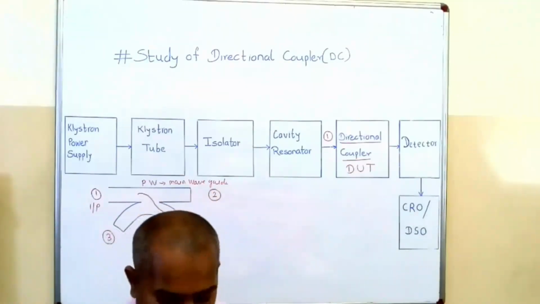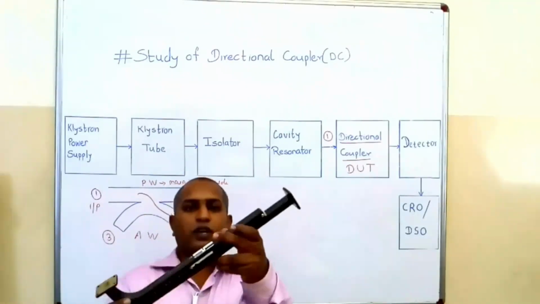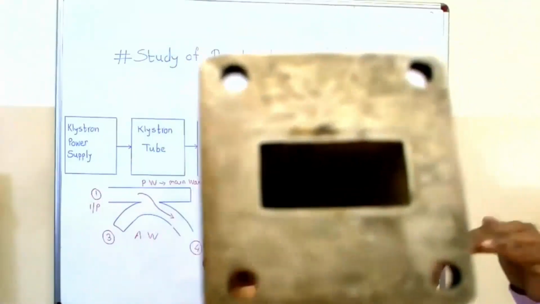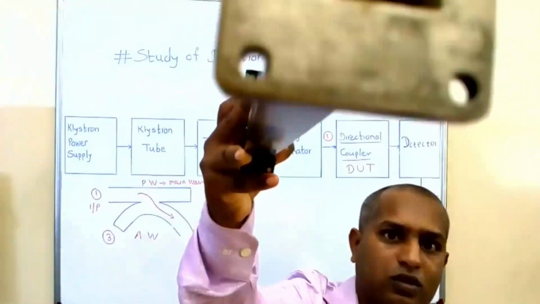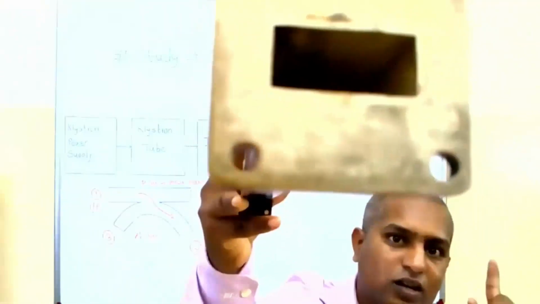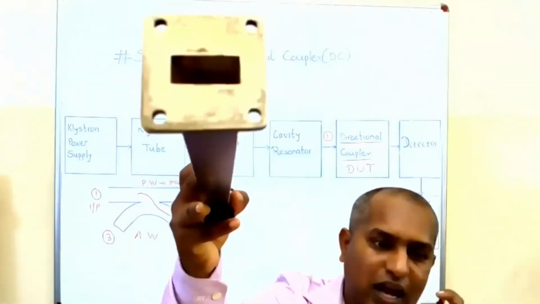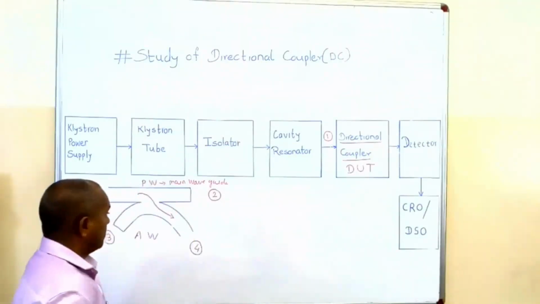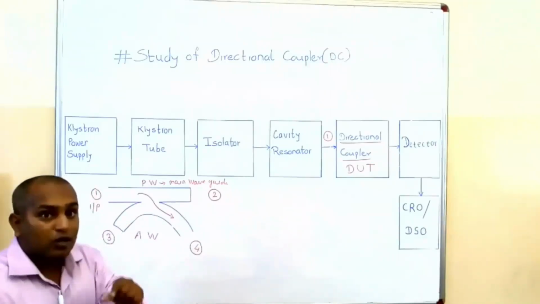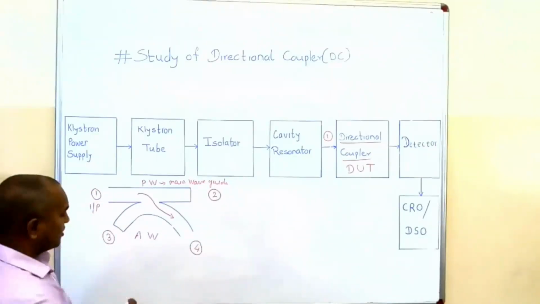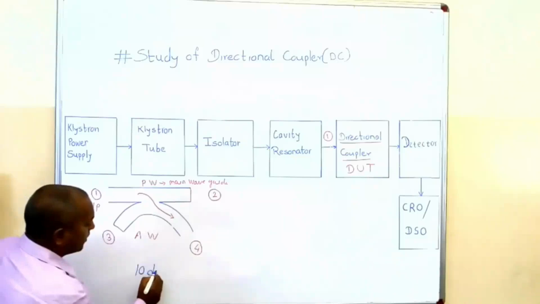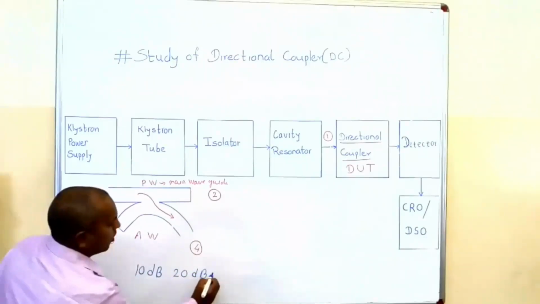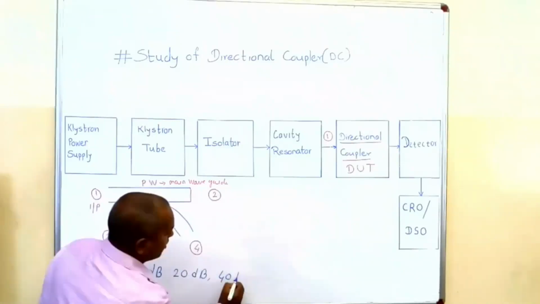If we see the upper surface of the waveguide, you will get a number of holes. These holes indicate the magnitude of your directional coupler, means a 10 dB directional coupler, 20 dB directional coupler, or 40 dB directional coupler.